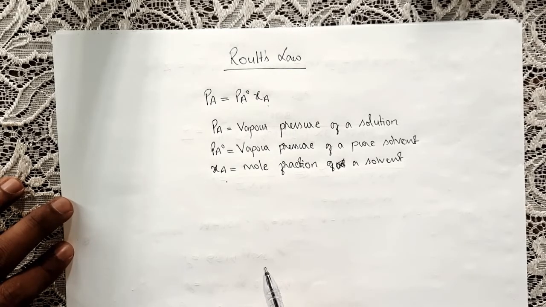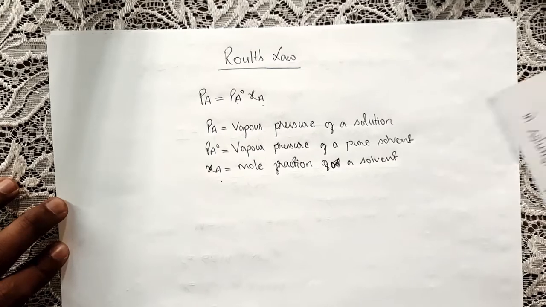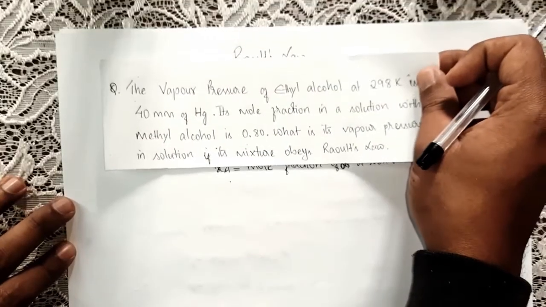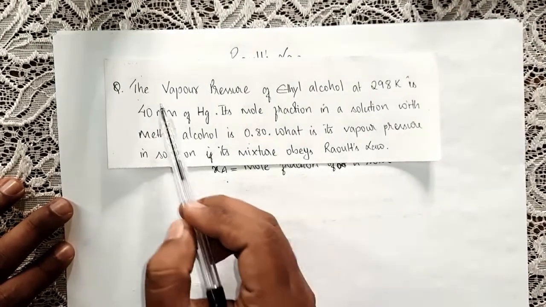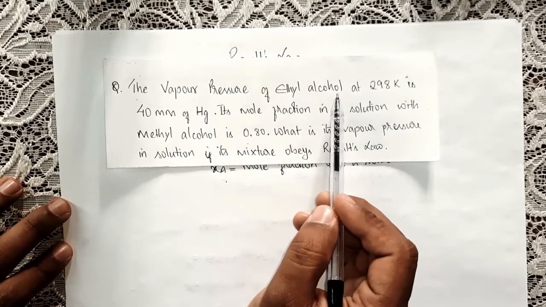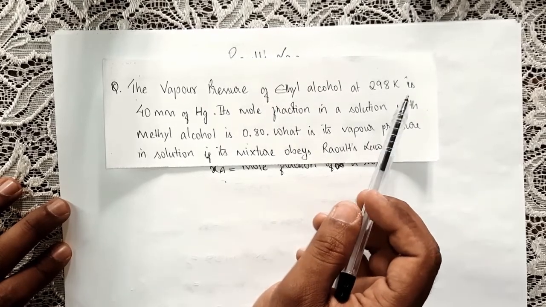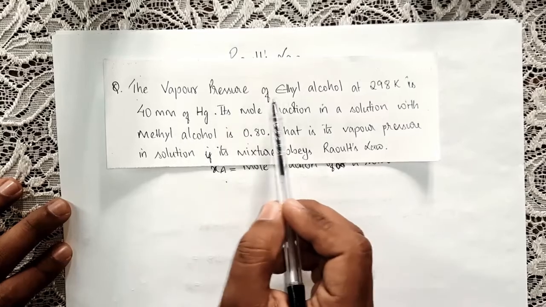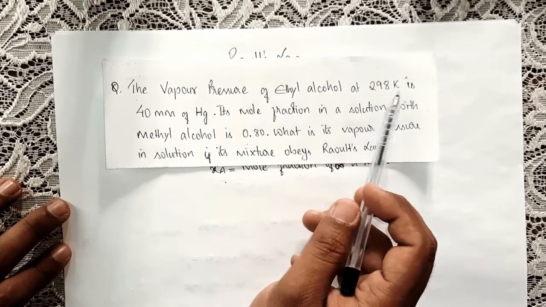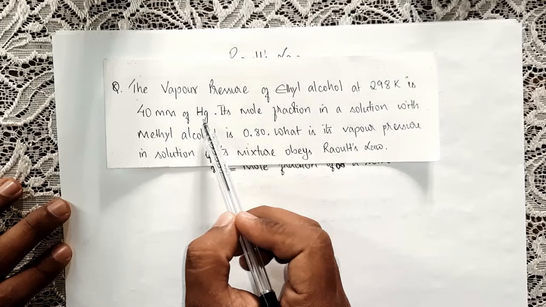So using this we shall learn how to solve some problems. The first question we have: the vapor pressure of ethyl alcohol at 298 Kelvin is 40 millimeter of mercury.